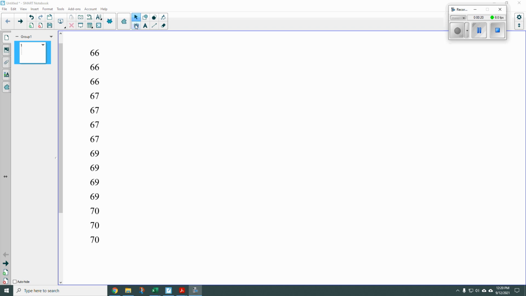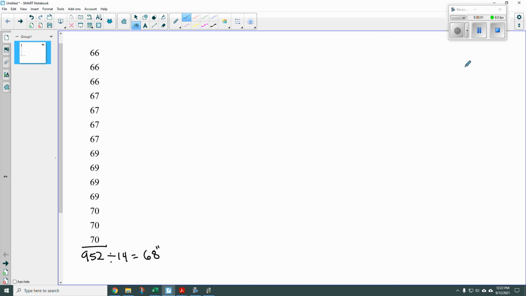Well, what I would do is add this all up, and I would get 952. And then I would divide that by the 14 units that are here. And I'd say we have an average height of 68 inches.